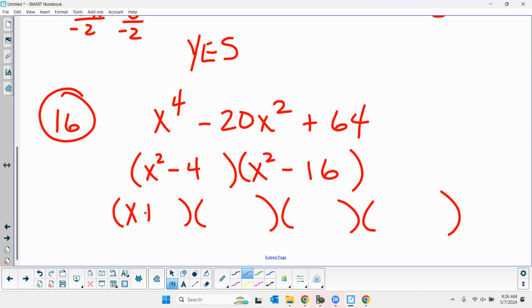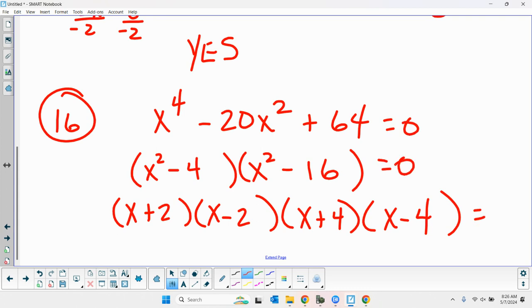And x plus 2, x minus 2 over here. So what are all the zeros? Opposite. So positive 4, negative 4, positive 2, negative 2. So we found all the zeros by factoring, which is letter A.